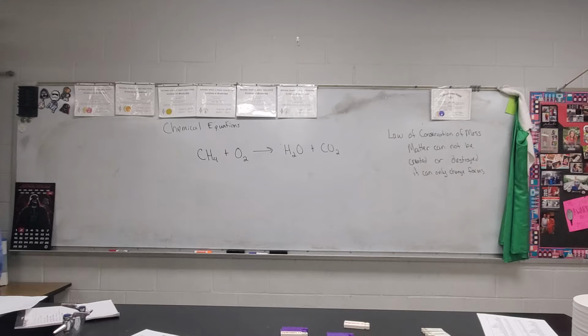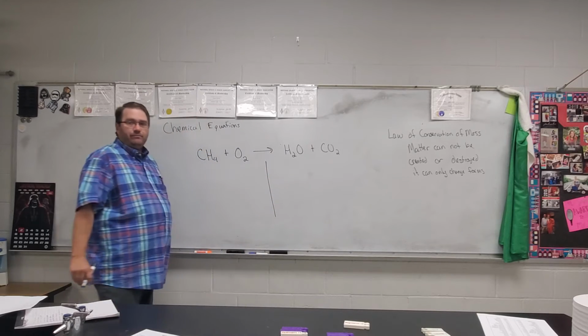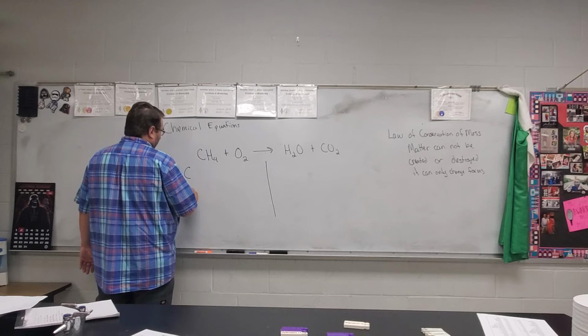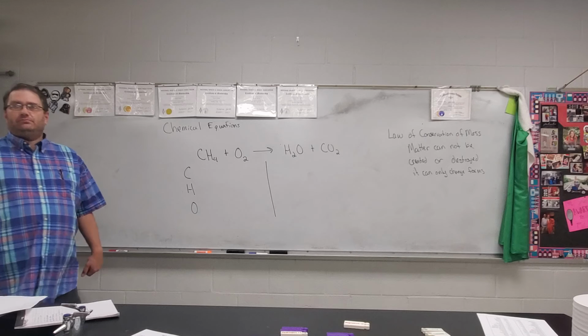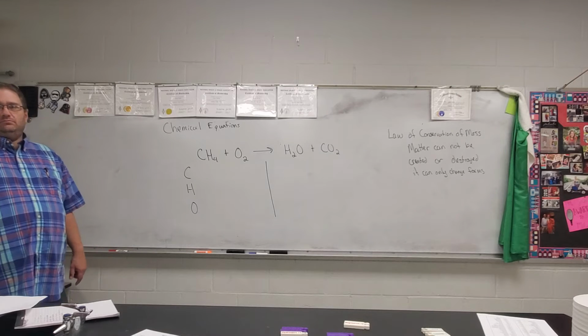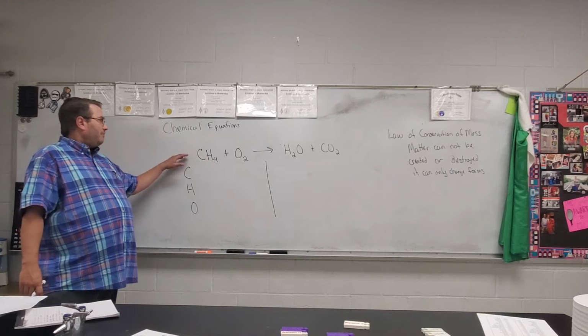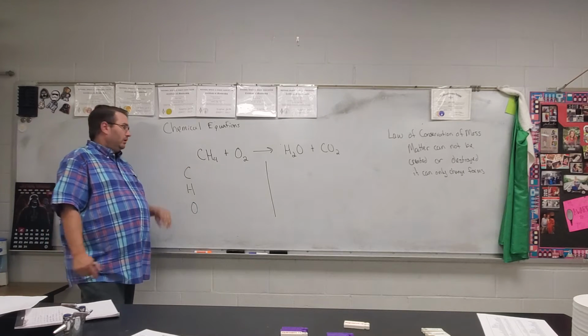Next thing we do is write a dividing line between the halves, and you write the elements to the side. So we have carbon, hydrogen, and oxygen. Then we need to write how many we have on each side. How many C's do I have over here? One.